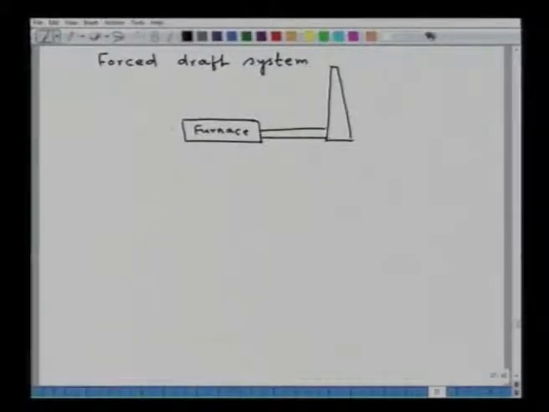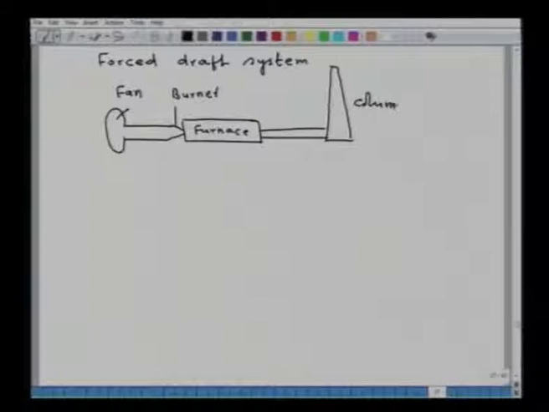Now, say this is your burner, and somewhere here this is now the fan, this is burner, here is again the column of hot flue gas in chimney.